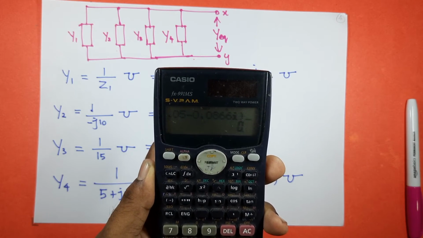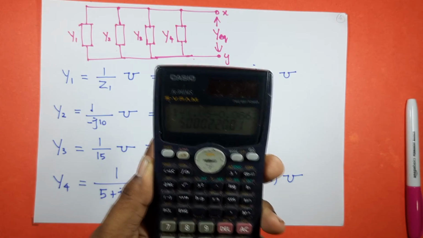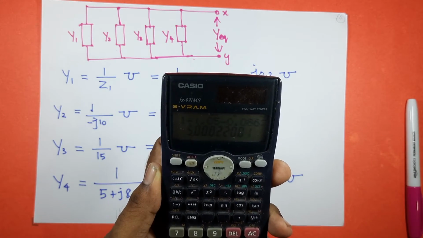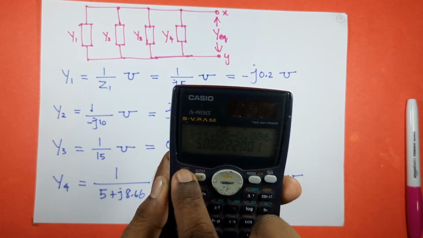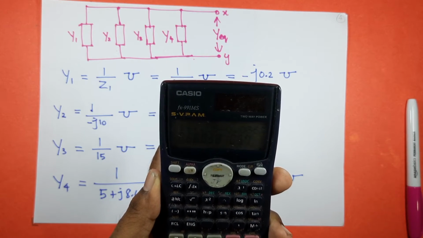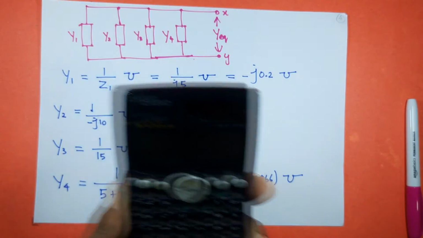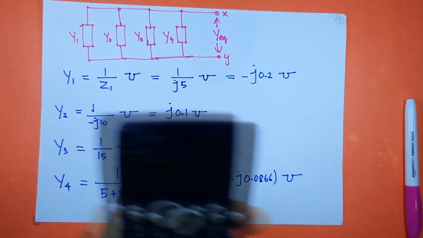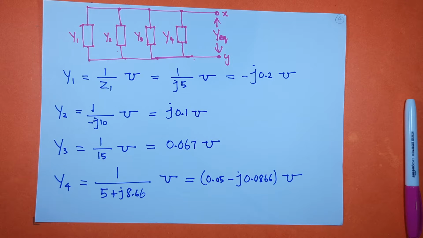If you press equals, this is going to be your real part 0.05, and then press the shift, press the equal, you get 0.0866. That is going to be the imaginary part. Okay, actually this should be plus, right? 5 plus j8.66.